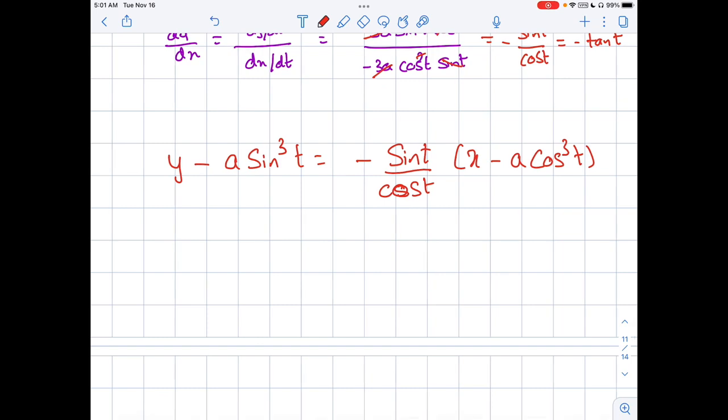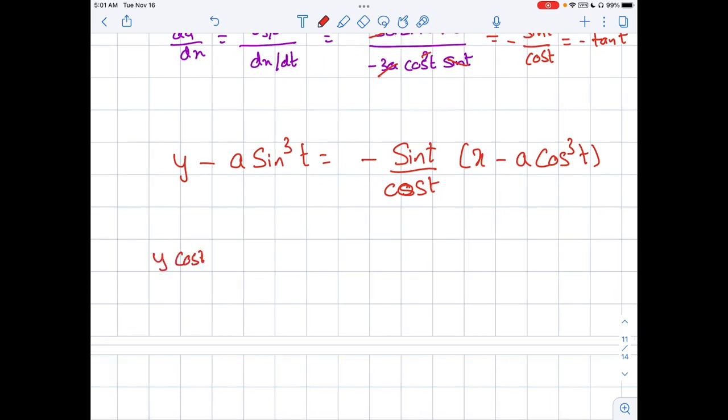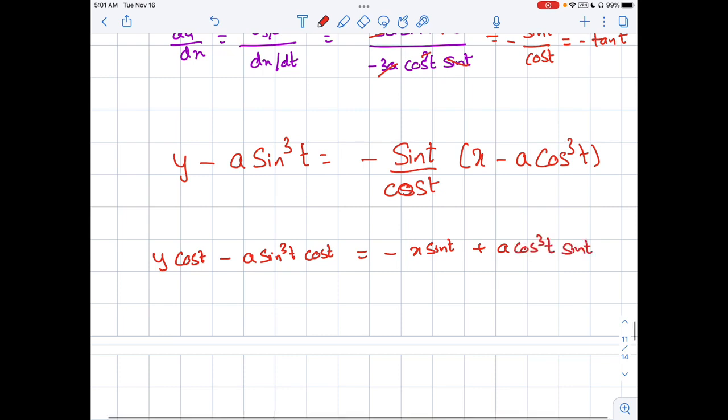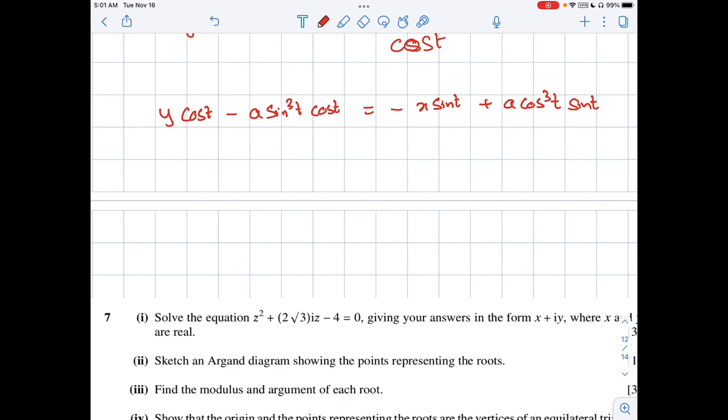So I do the cross multiplication. Y cos t minus a sine cube t cos t is equal to minus x sine t plus a cos cube t sine t. So bring all the terms on one side.